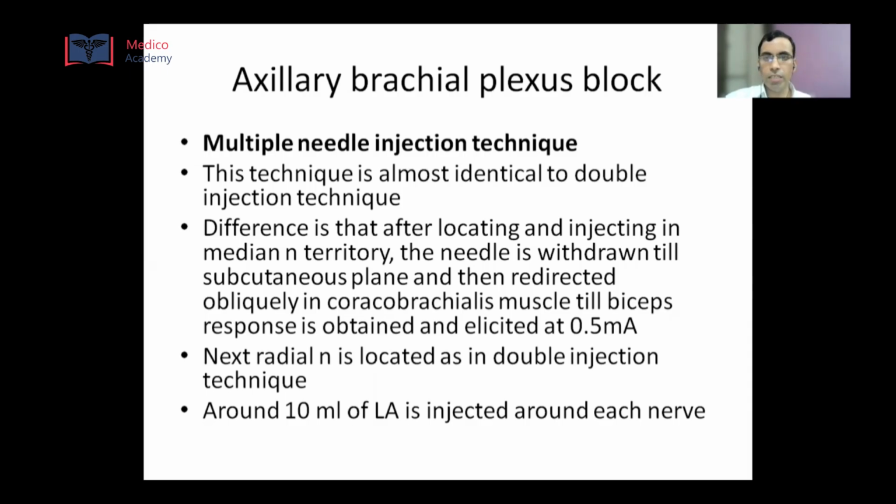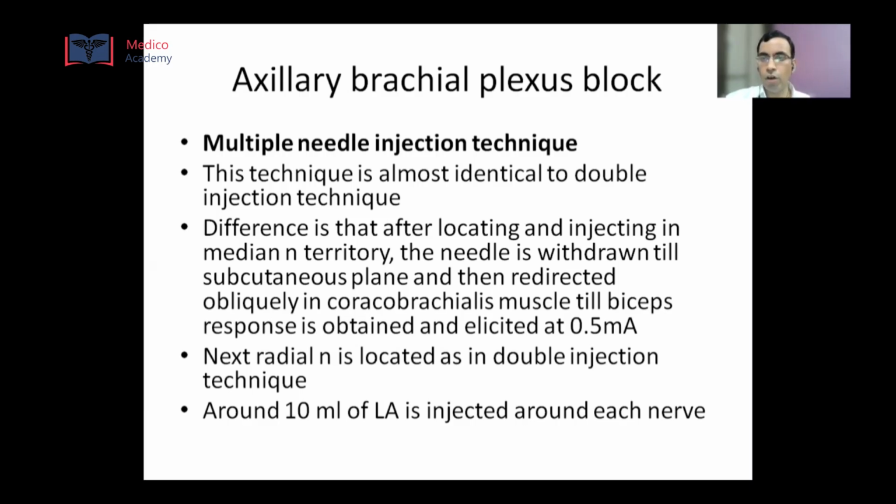The difference is that after locating and injecting in the median nerve territory, the needle is withdrawn till it lies in the superficial plane. Then it is redirected obliquely in coracobrachialis muscle till the response of musculocutaneous nerve in the form of contraction of biceps, that is the flexion at elbow joint, is elicited at around 0.5 milliampere.